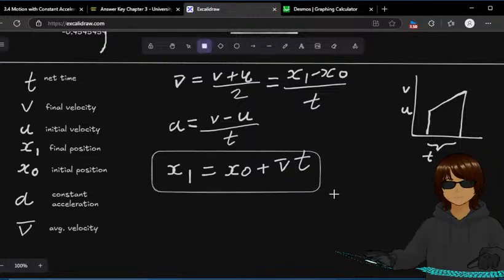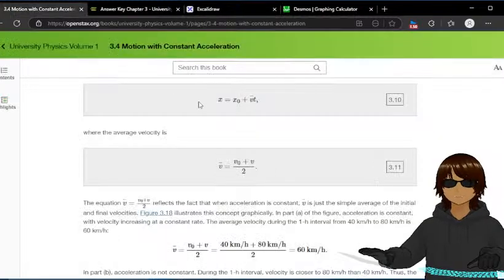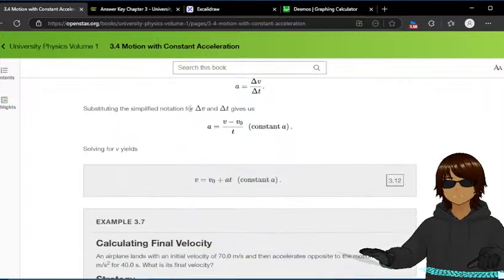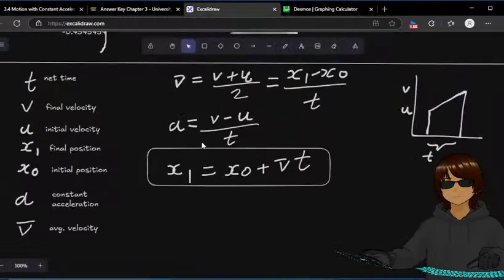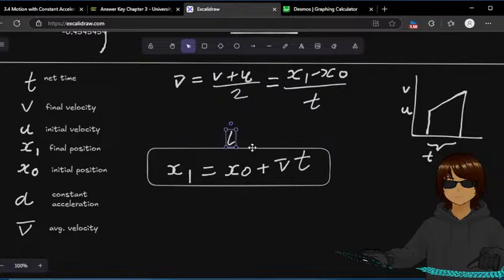Let me box it. The second equation is the next one. It's this, which is just rearranging this. So the second equation is this rearranged.